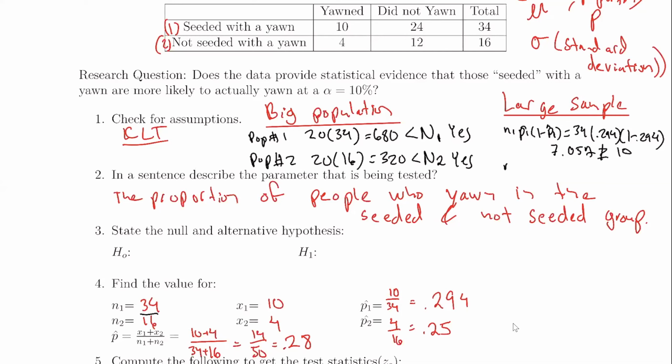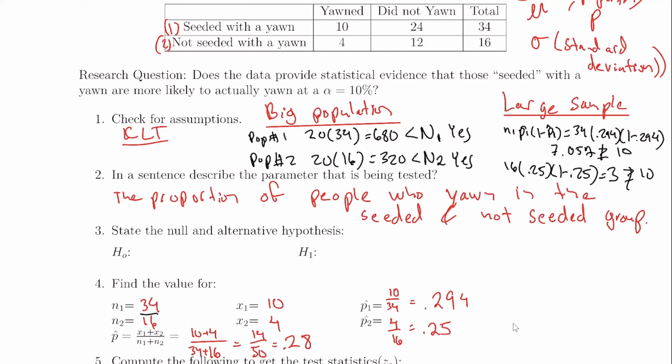Maybe in population 2, they got it right. So for population 2 will be N2, which is 16, times 0.25 times 1 minus 0.25. So let's do 16 times 0.25 times 1 minus 0.25. Oh, that's even worse. So you get 3.